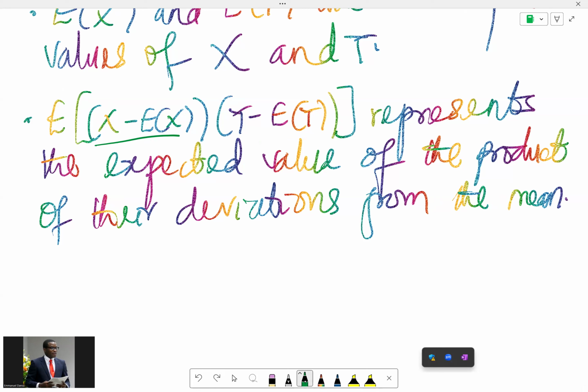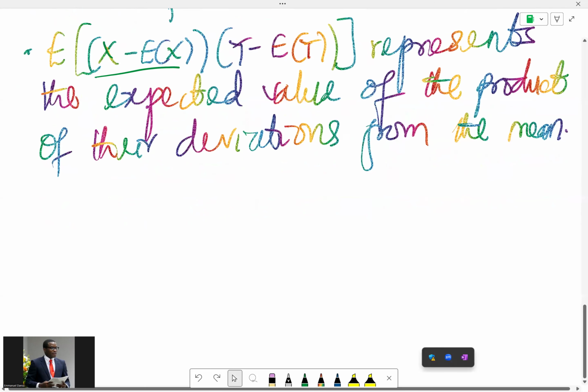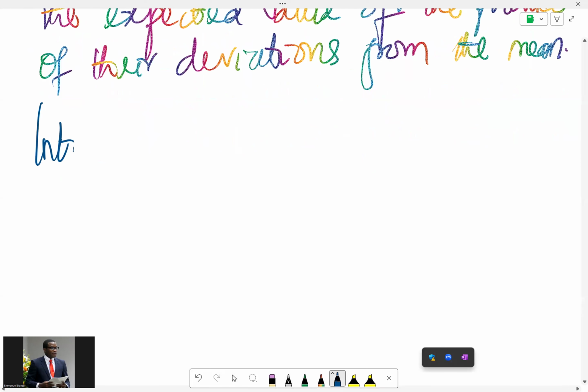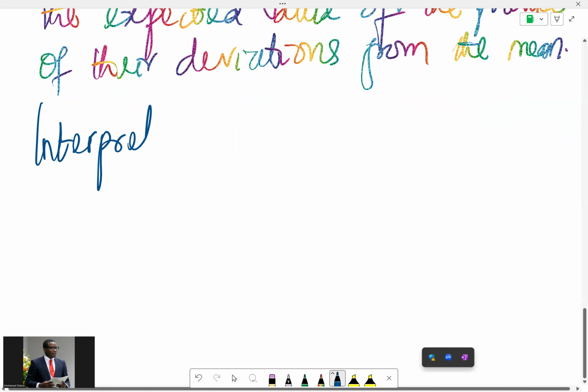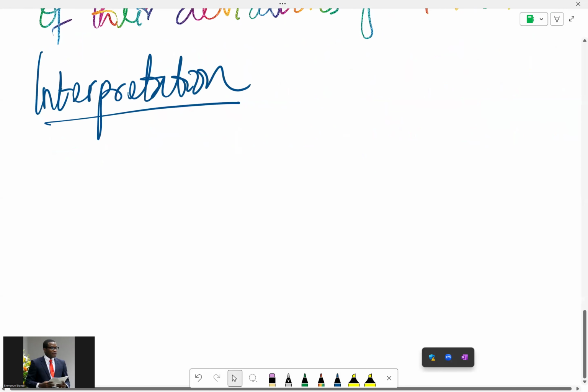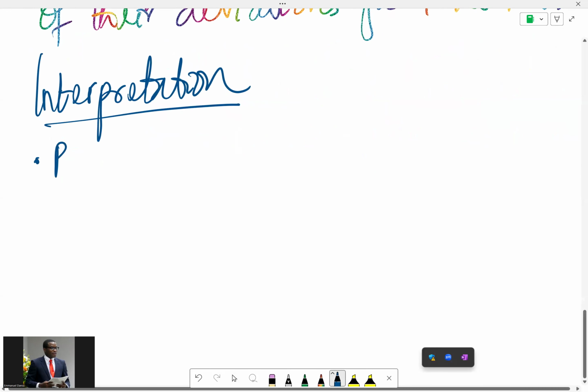So how do you determine what is really happening? Let's talk about interpretation now. How do you interpret covariance? We have positive covariance.